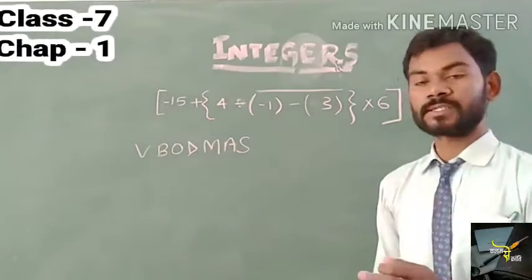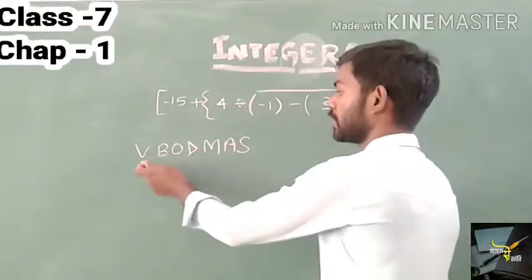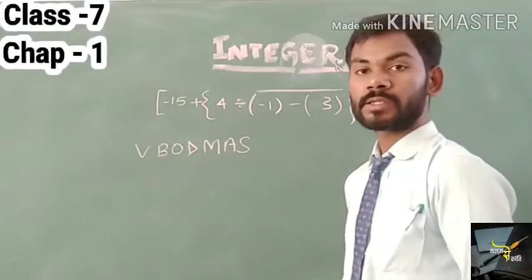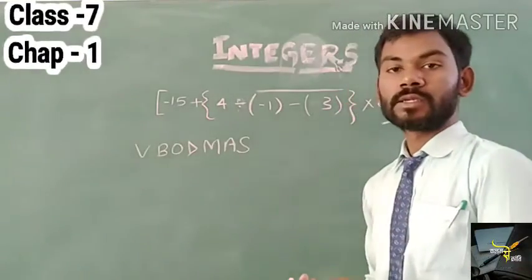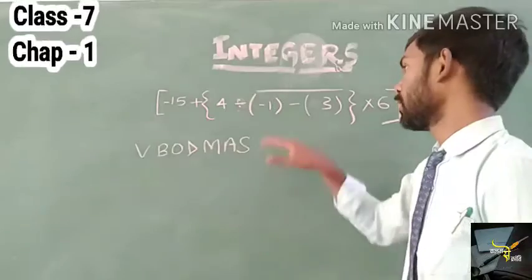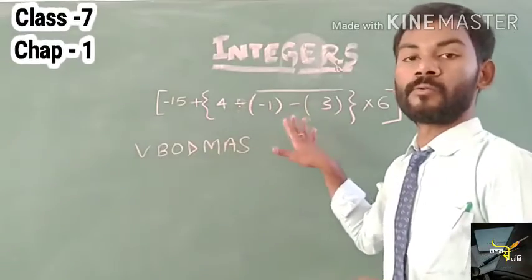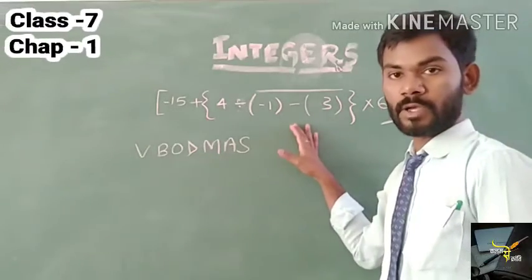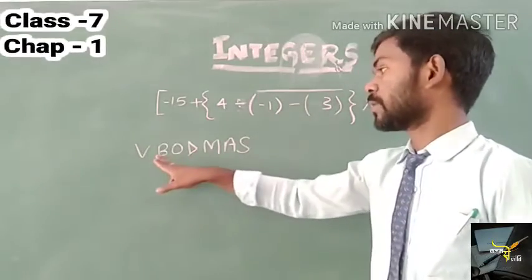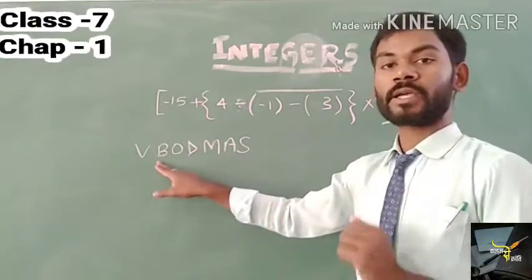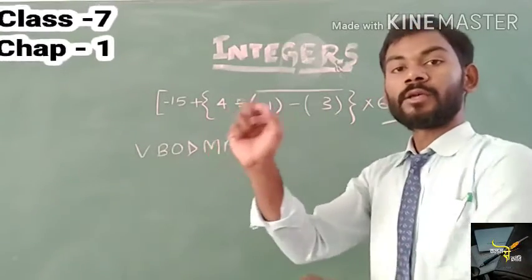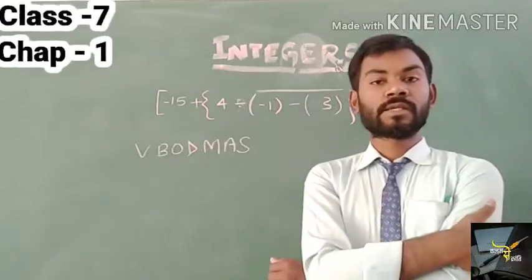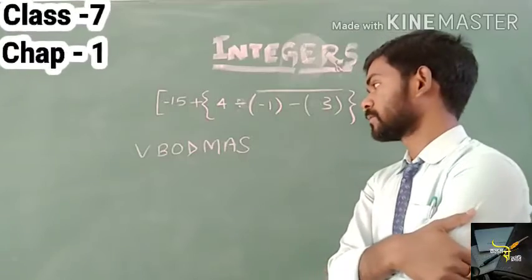V stands for Vinculum bar, that means if the question contains a bar, we shall solve the number under the bar first. Then B stands for bracket, that means we shall solve the numbers that are inside the bracket.